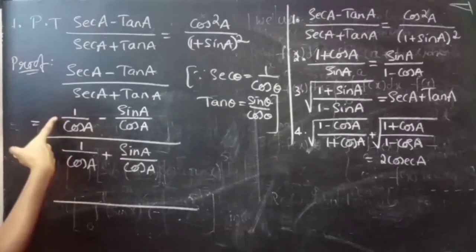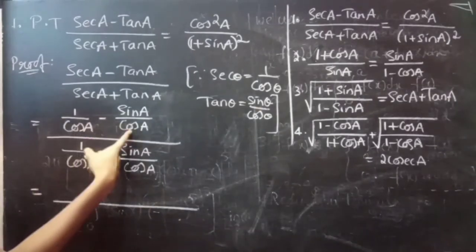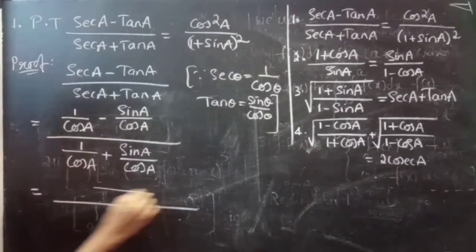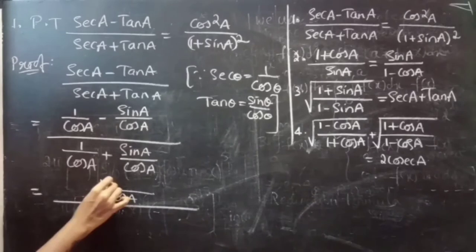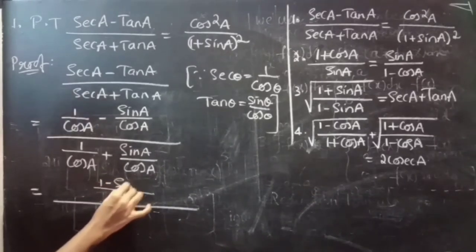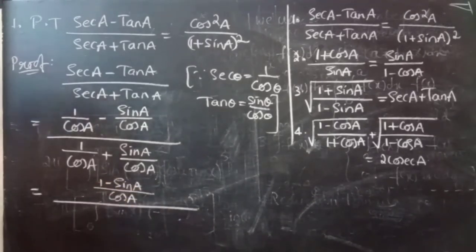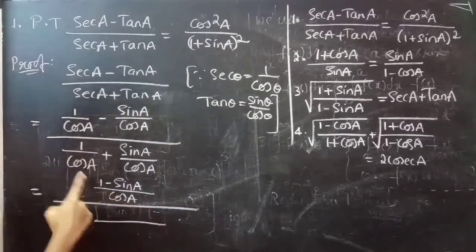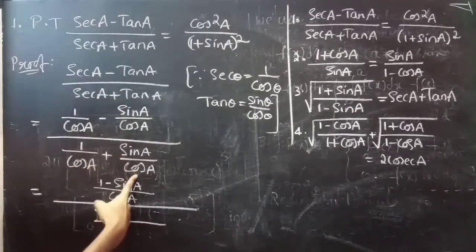in the numerator you have two terms with the same denominator, so you can take the LCM as cos A. So you'll get 1 minus sin A by cos A in the numerator.